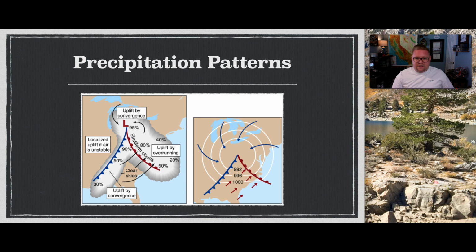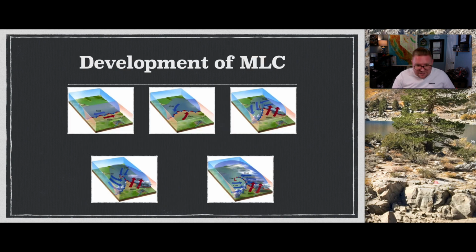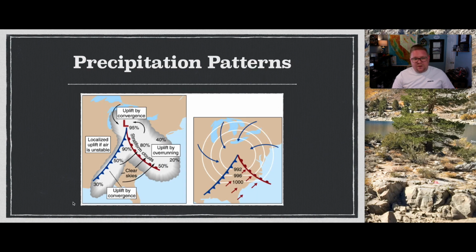So the next slide that I wanted to share here is just showing those precipitation patterns. So this is essentially looking back at our stages, going back to this diagram here. We can see that it's within the 3rd and 4th stage, and we can see that we have uplift by convergence, uplift by overrunning. That's again where we started to see precipitation here, precipitation being forced here.